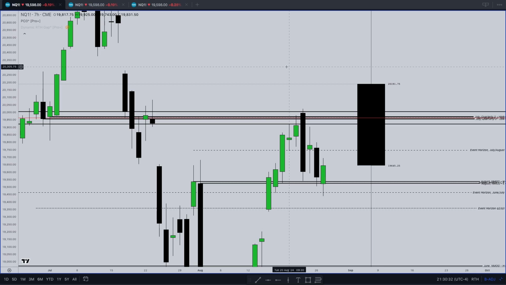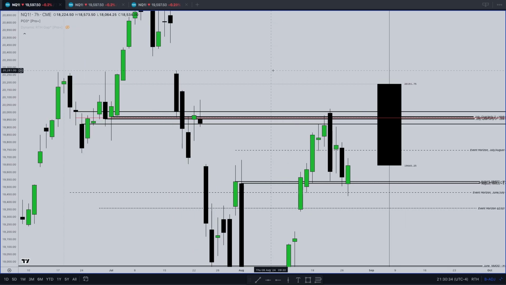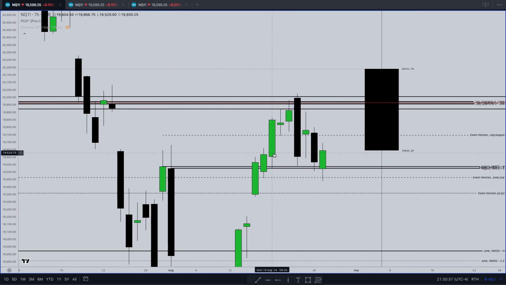Something that I want to talk about is that we are trading inside of this range, and the two most difficult days are when we are trading from or opening.